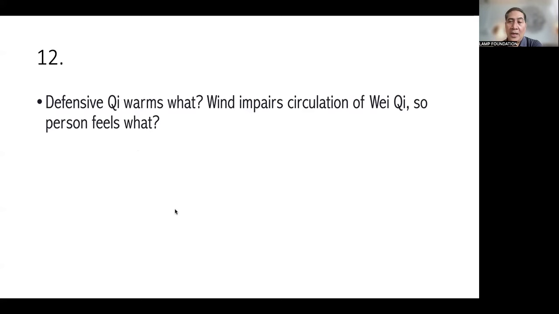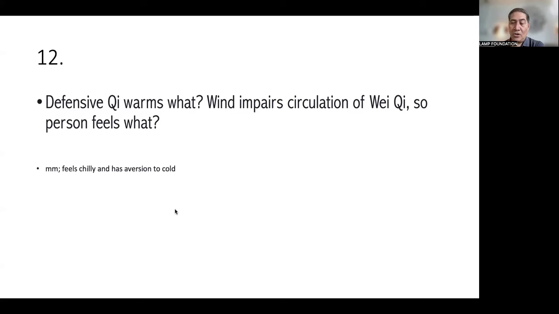What does defensive Qi warm? It warms the skin and the muscles. Wind impairs the circulation of Wei Qi. So when the wind impairs the circulation of Wei Qi, what does the person feel? Cold. There is aversion to cold.